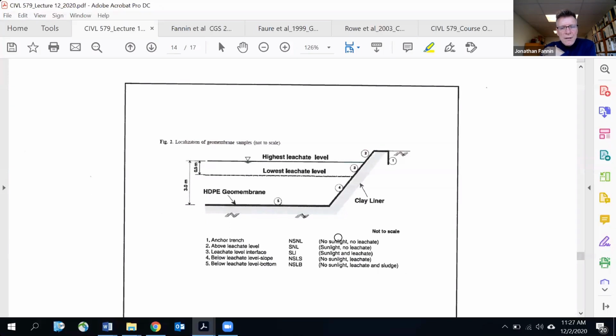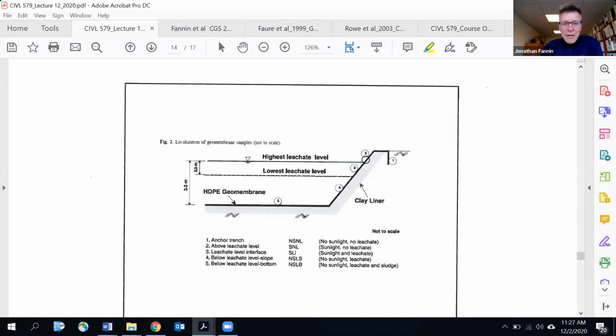So they kind of give it this, no sunlight, no leachate, right? In fact, I say this slightly tongue-in-cheek, but I guess for many of you, you've not had much sunlight either, right? So in terms of your situation, you can probably identify with the no sunlight, no leachate.